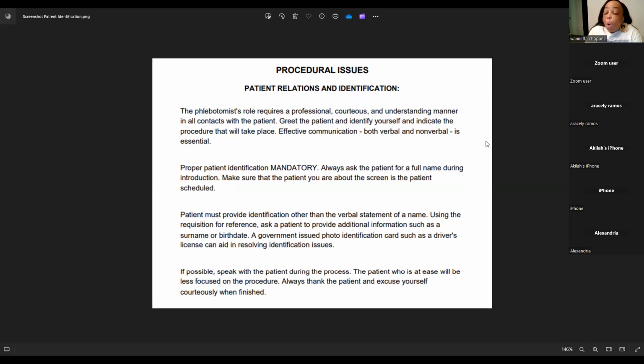But it is important to properly identify your patient before you draw blood on him or her. So you have to always verify. For example, I'm Juanetta Chopin, as it says on my Zoom. Some people pronounce my name as Juanita Champagne.